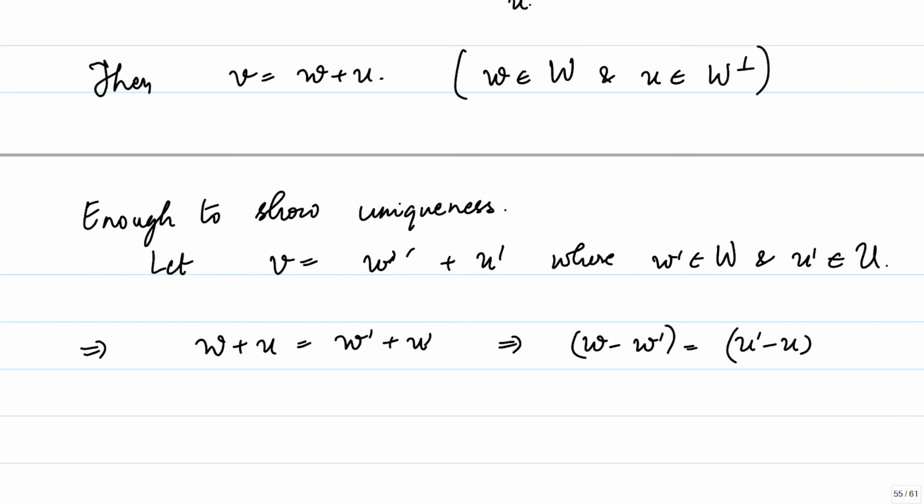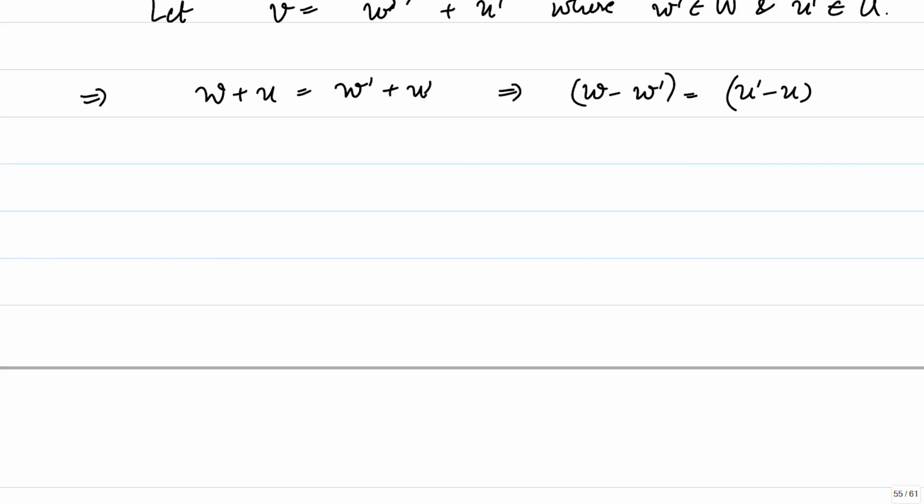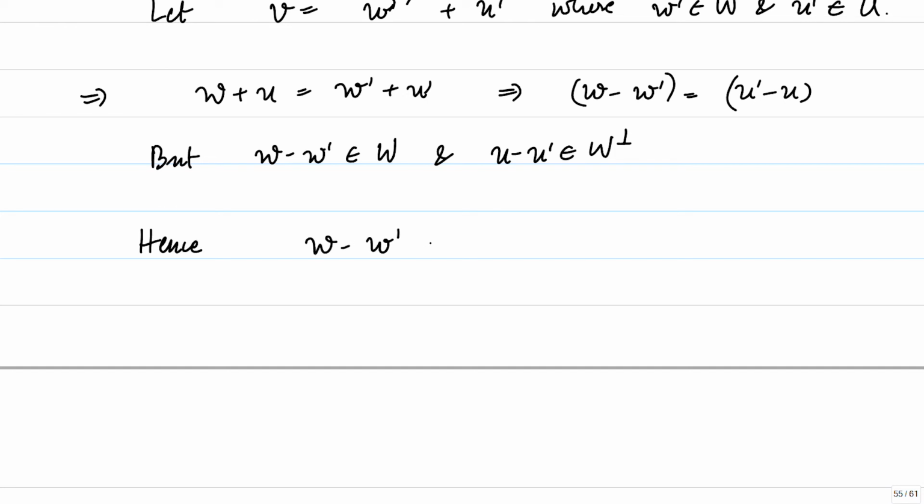But what is written on the left hand side here is a vector in W, and what is written on the right hand side is in the orthogonal complement of W. So w minus w prime belongs to capital W, and u minus u prime belongs to the orthogonal complement of W. And we know that two orthogonal subspaces intersect only in the 0 vector. Hence, w minus w prime, which is equal to u minus u prime, belongs to W intersected with the orthogonal complement of W, which is equal to the 0 vector.